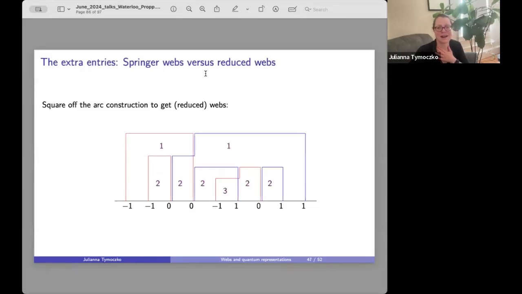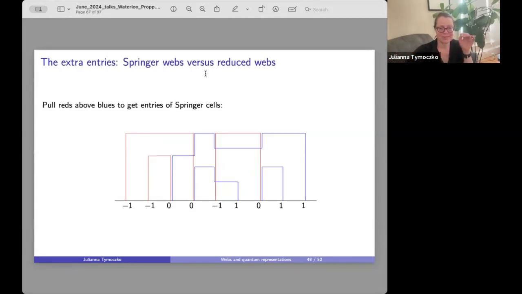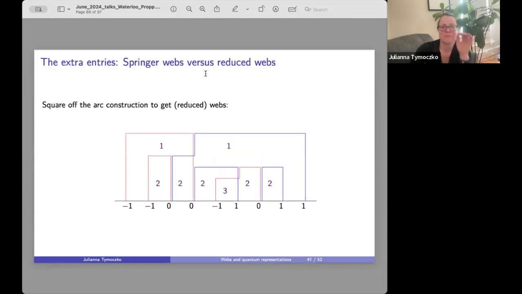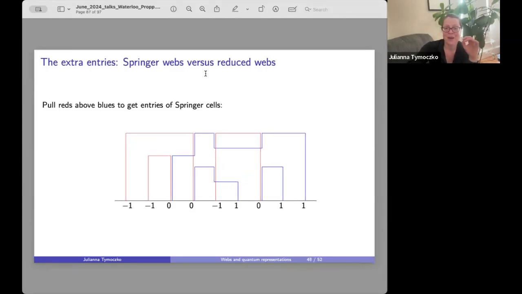Okay, so what this is furthermore encoding is the following. To get all of the entries in the Springer cell for n equals 3, we need to look at the web represented. I squared it off for convenience.